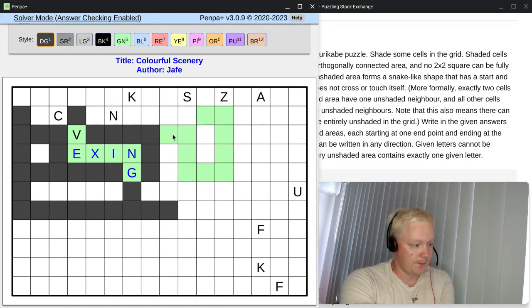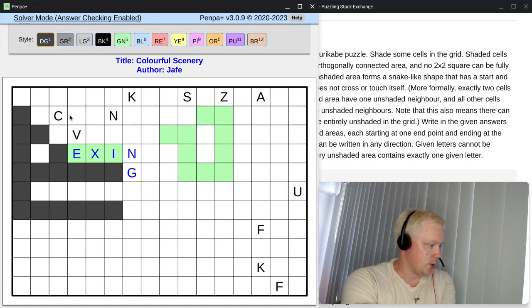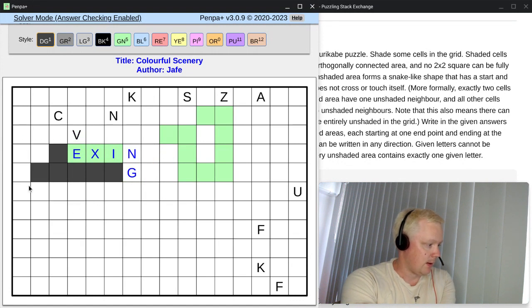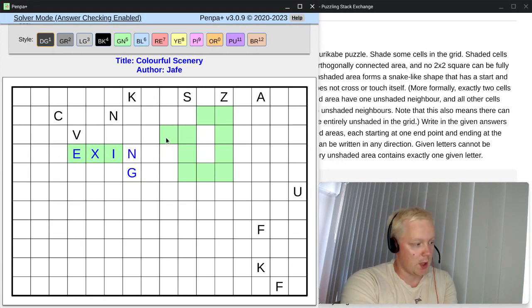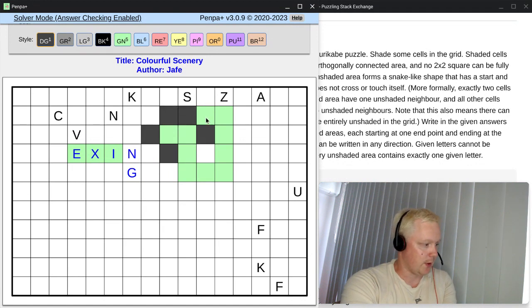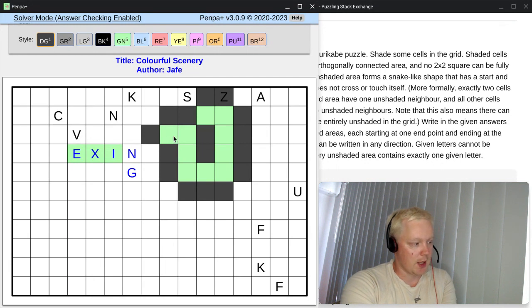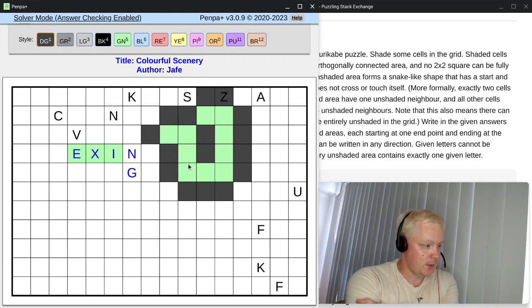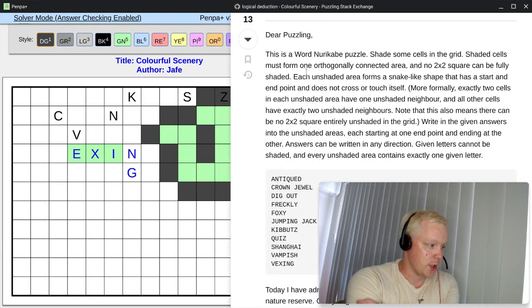This is an endpoint. And counting the neighbors was basically just, so this has one unshaded neighbor if we shade all the others here. This has one unshaded neighbor, this has one unshaded neighbor, and all the others have two. So the snake comes from one cell and goes into the other cell. And so that was the snake part.